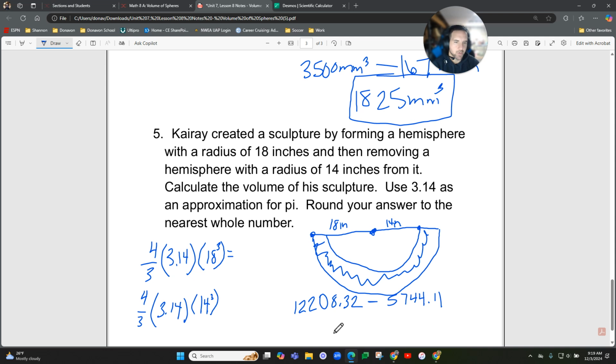Then we're just going to subtract those two to figure out the volume of this piece, because we have the volume of this minus the volume of that big chunk we're taking out.